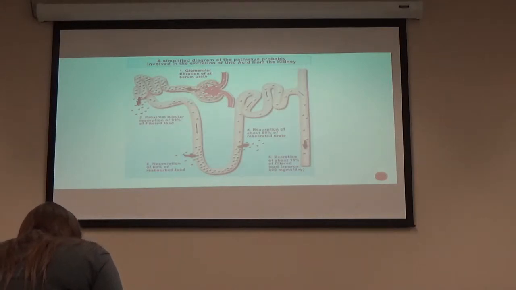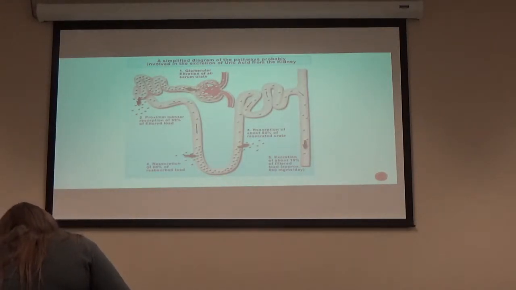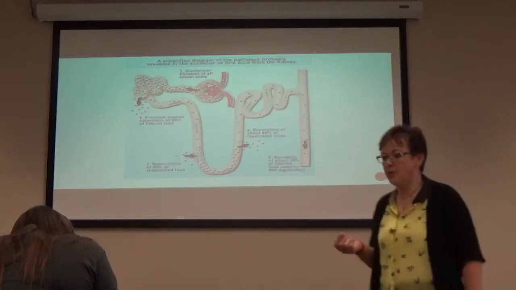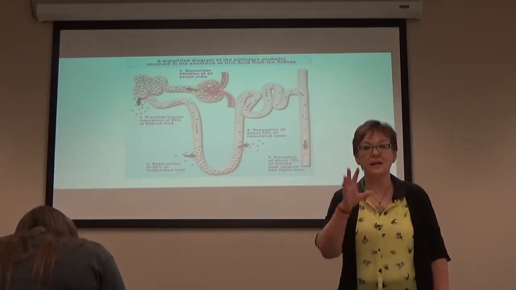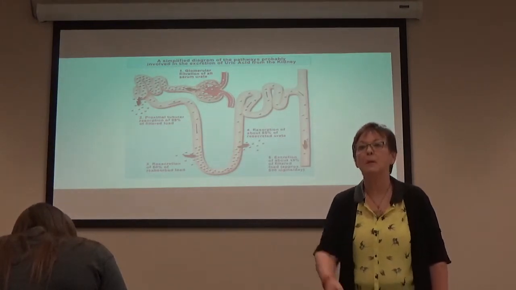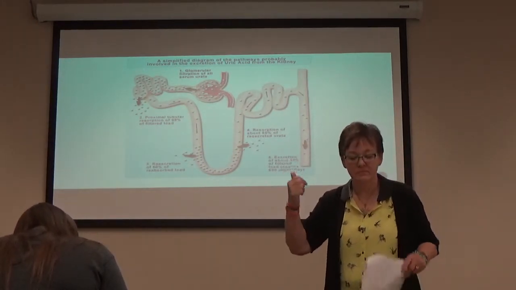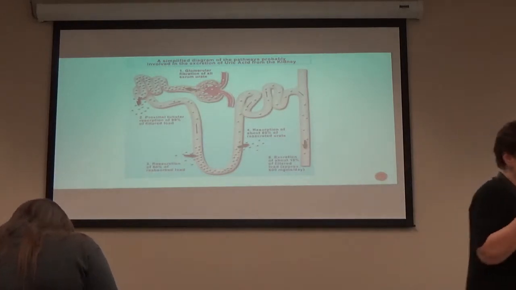So what happens, 100% gets filtered, but then the body reabsorbs. You have these OAT transporters and the urate transporters, and these move the uric acid out of the proximal tubule back into the blood. That's the first or second phase, actually.